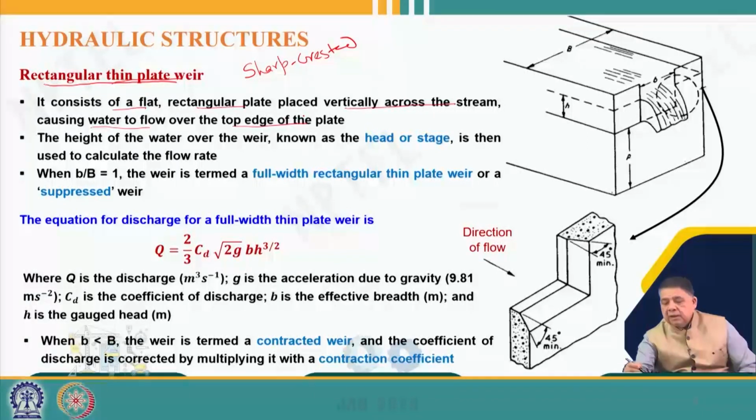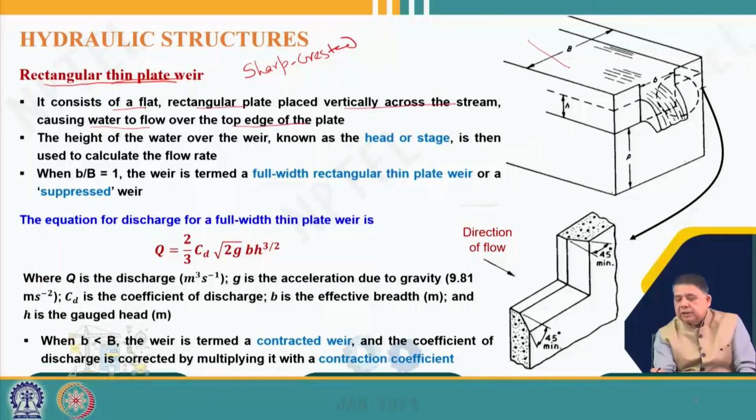As you can see here, this is the channel or stream in which we want to measure the discharge, this is the flow direction, and this is where the thin plate rectangular weir is installed at the end of the channel. The edge of the weir is sharp, where you can see an angle of 45 degrees is provided.